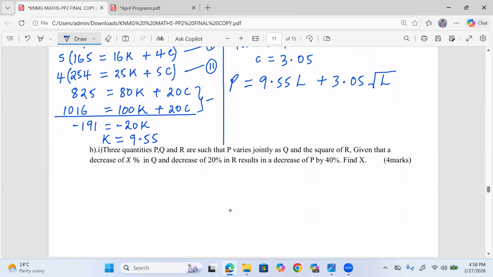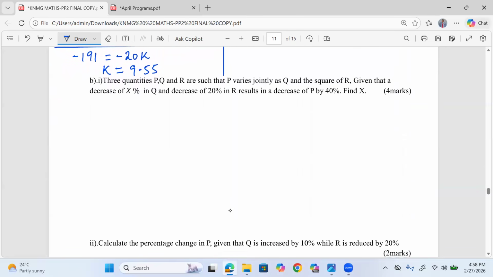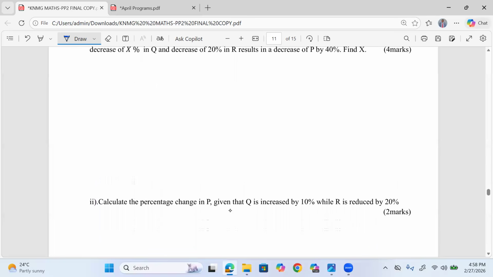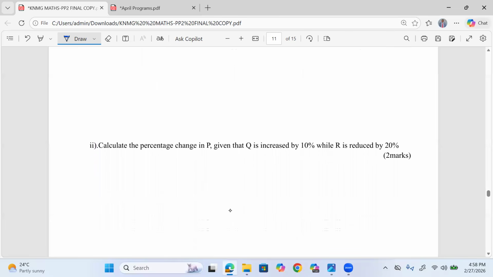We check at B of this. Now, 3 quantities P, Q, and R are such that P varies jointly as Q and the square of R. Given that a decrease of X% in Q and a decrease of 20% in R results in a decrease of P by 40%, find X. Then part B, calculate the percentage change in P, given that Q is increased by 10 and R is increased by 20.